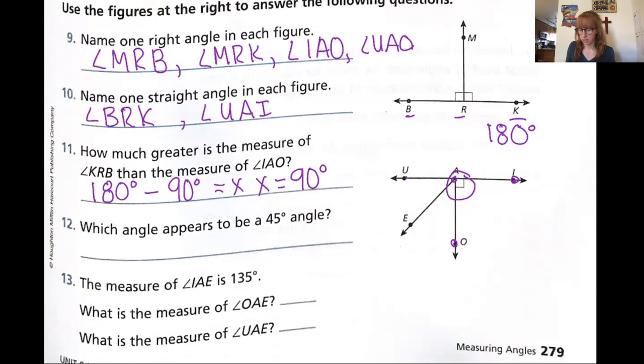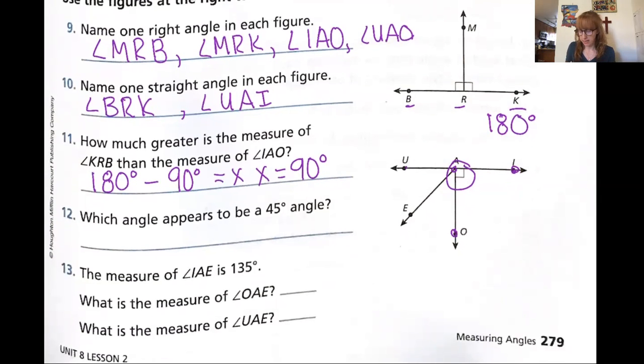Okay. Which angle appears to be a 45-degree angle? Now, we're not going to measure. We're going to use that logical brain that we've been thinking about. And remember, I told you that when you take a 90-degree angle and you cut it in half, you get 2 45-degree angles. So if you look at your figure, there is a 90-degree angle that's cut in half.